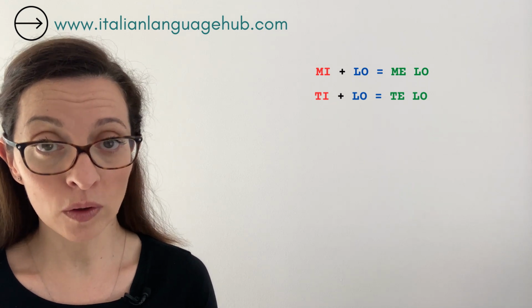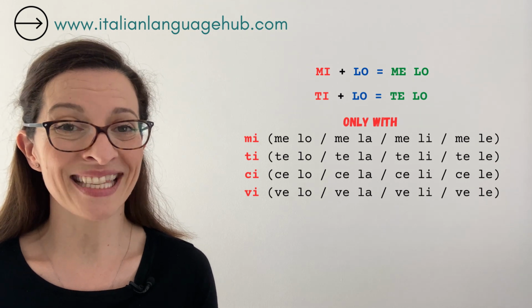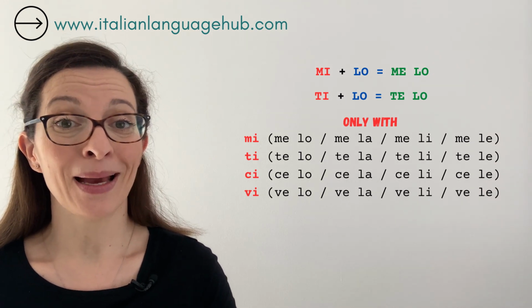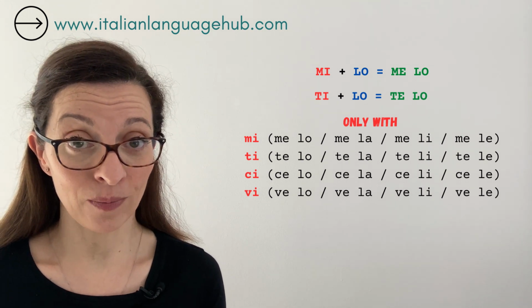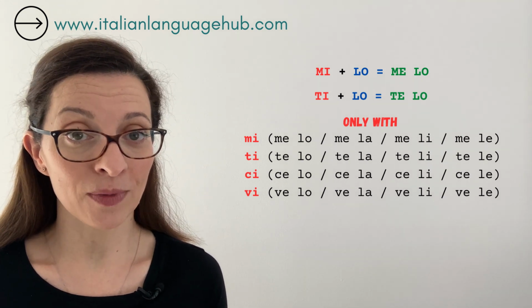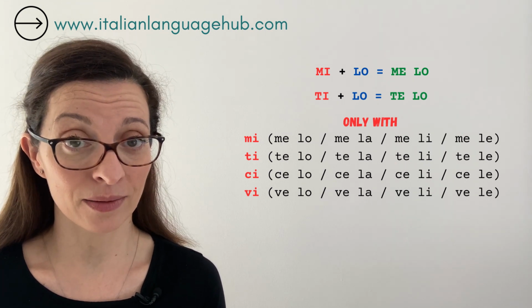Ti lo. You're going to take away the i and it's going to be te lo. This is the exact same thing with all of the other ones, also when it changes gender and number. Okay, so when it becomes singular and plural or masculine and feminine. Be careful, because this happens only with mi, ti, ci, and vi. And you're always going to keep them separated like this.